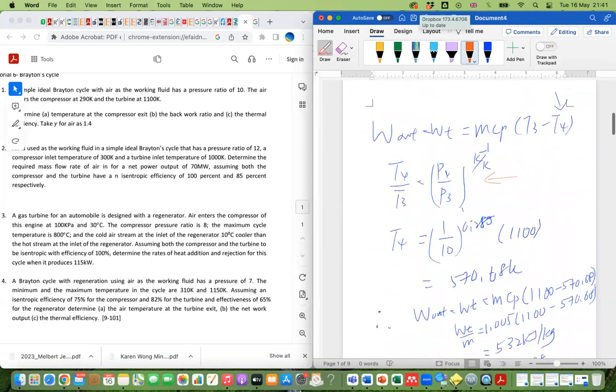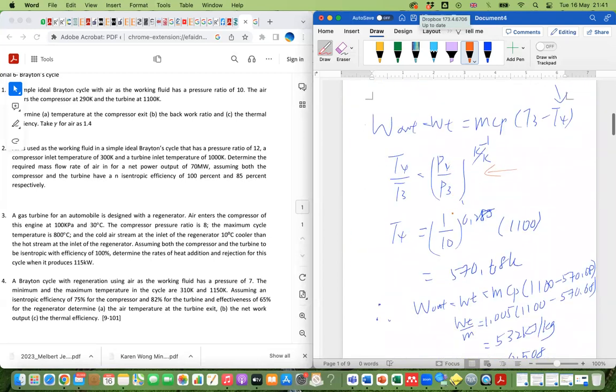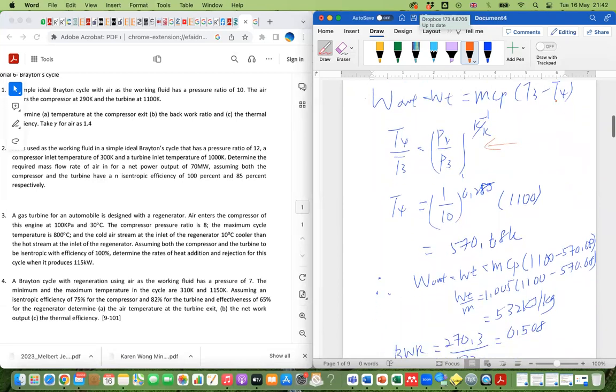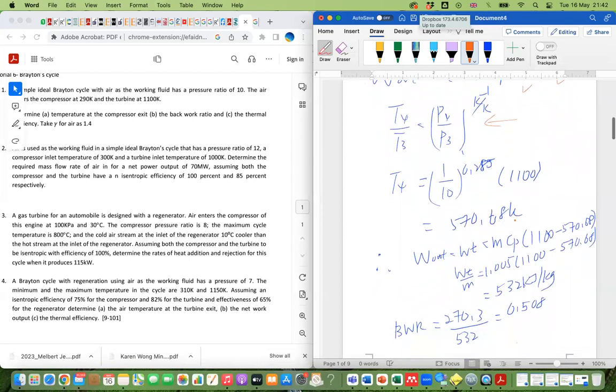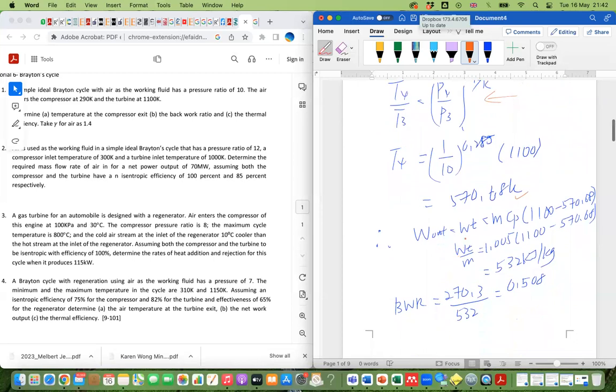But for P4 over P3, you have to flip it, 1 over 10, and therefore you get your T4. Once you get your T4, with T3 given, you're able to get your work out. Once you have your work out, then the work in over work out gives you your back work ratio.